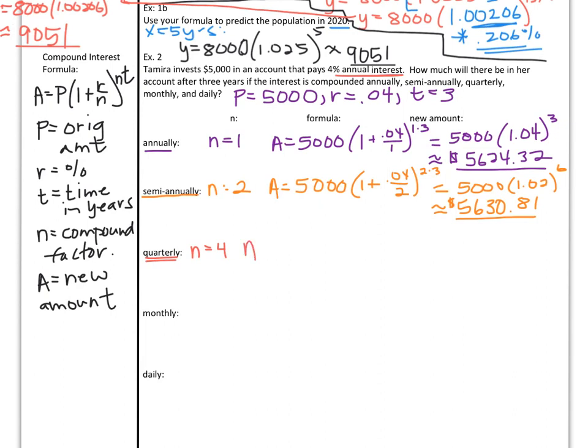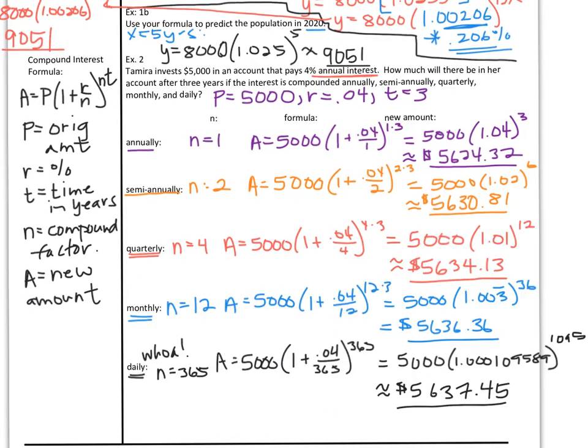Our formula follows A equals 5,000 times 1 plus 0.04 divided by 4. That means our parenthesis again gets smaller, but then we're going to do 4 times 3. Therefore, our exponent will get bigger. See if you can simplify that parenthesis and determine our new amount after 3 years. Then press play and we'll move on.